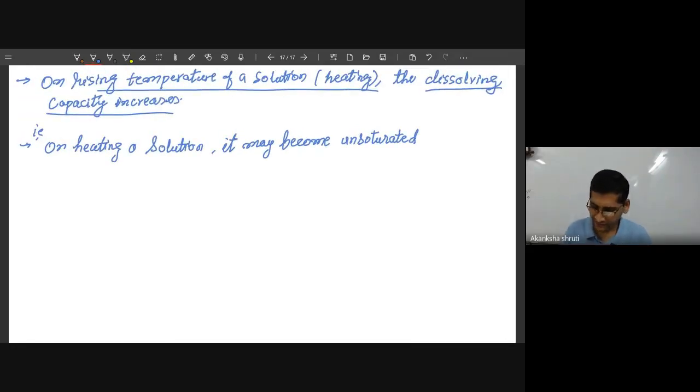It is one thing. Just if we consider an unsaturated solution, then it will remain unsaturated. Okay? But if we consider decreasing temperature, on cooling, cooling means what? Decreasing temperature.